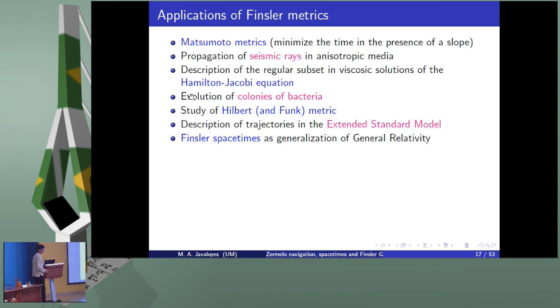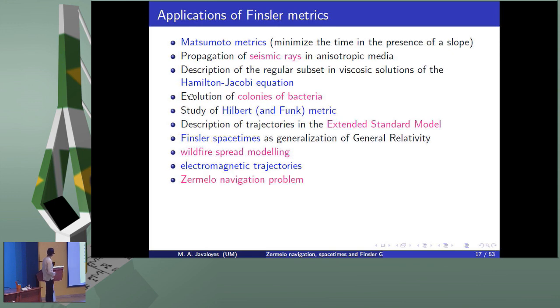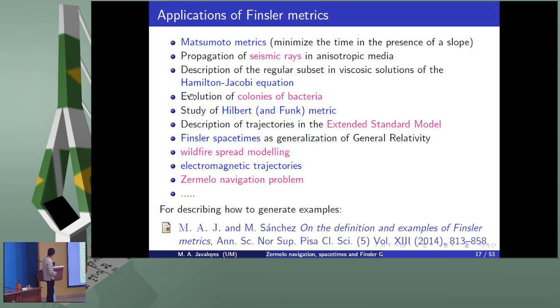You can also consider Finsler spacetimes as a generalization of general relativity, wildfire spread modeling, electromagnetic trajectories, and the Zermelo navigation problem. You can find a lot of examples in this paper together with Professor Miguel Sánchez. In this paper, the idea is not just to find applications, but to find expressions of Finsler metrics, to give examples of functions which are Finsler metrics.